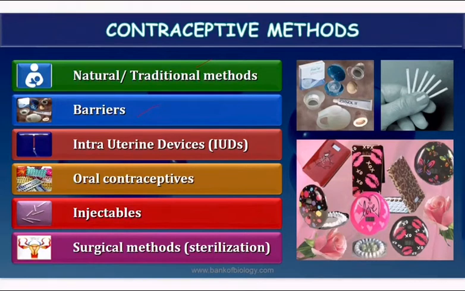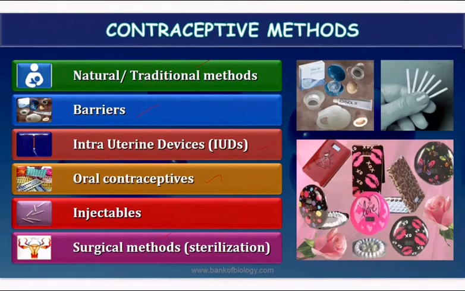And what are the various methods of this population control methods? One, as I said, natural or traditional method. Second one is the barriers. And the third one is IUDs, intrauterine devices. Fourth one is oral contraceptive. Fifth one is the injectables.